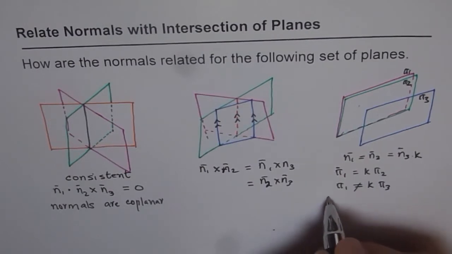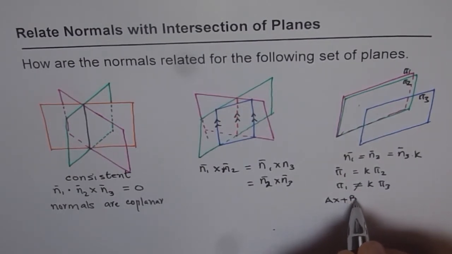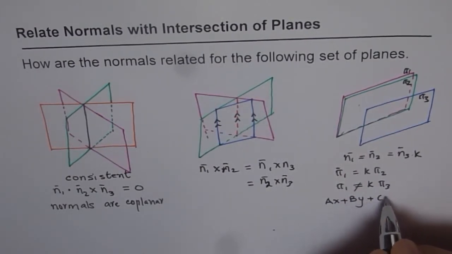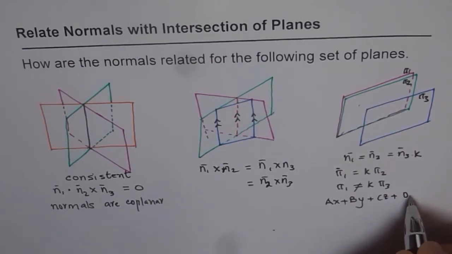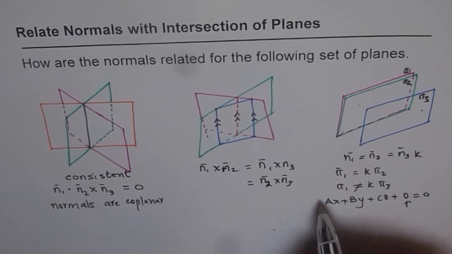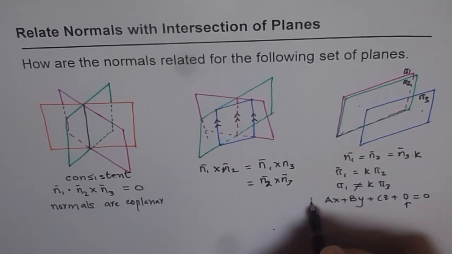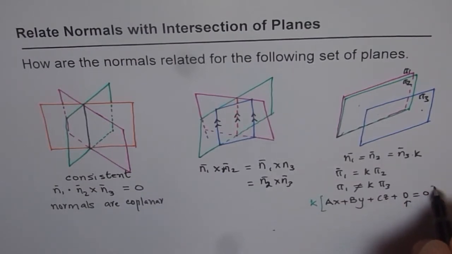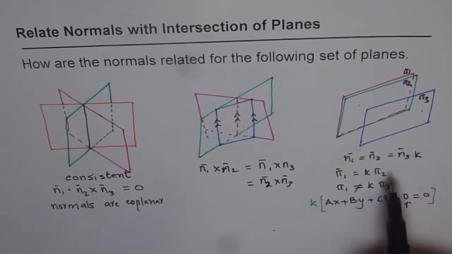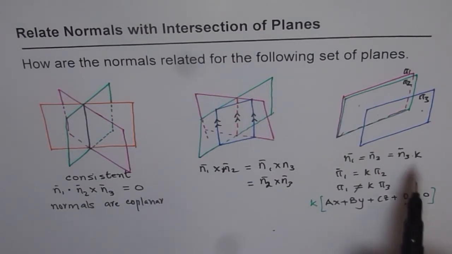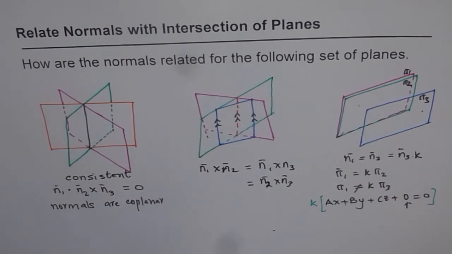Remember, the equation is ax plus by plus cz plus d equals 0. That d is different here. If you multiply the whole thing by a scalar k, you'll get the other equation with the same constant term, but in this case this one will not have the same constant term. That is how they're going to be different.